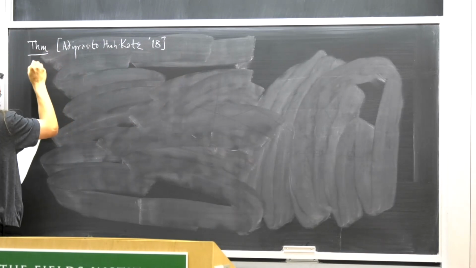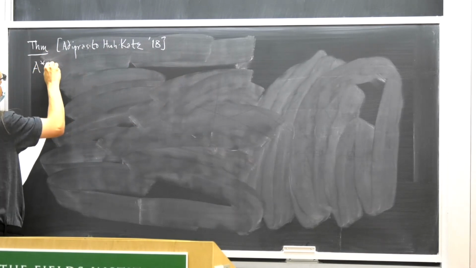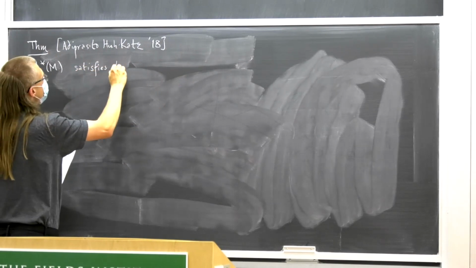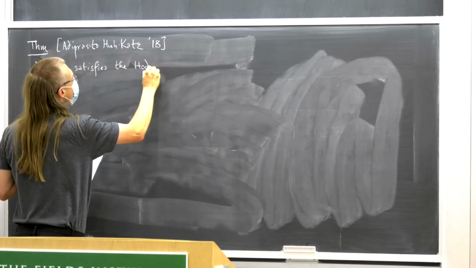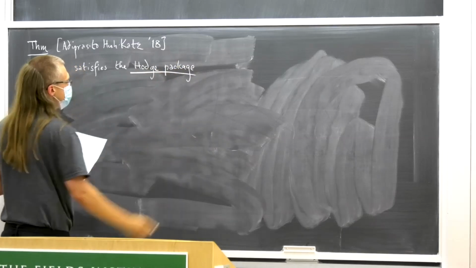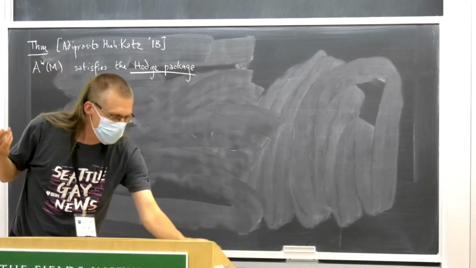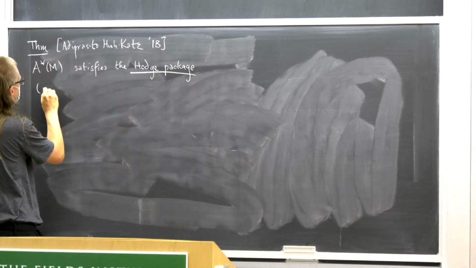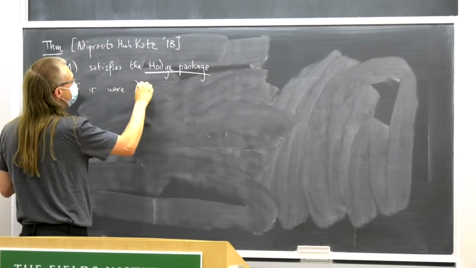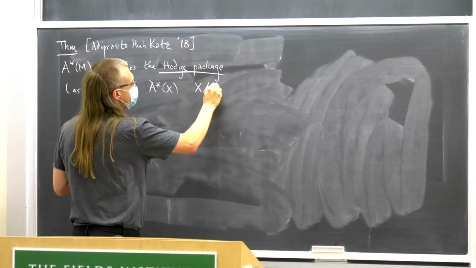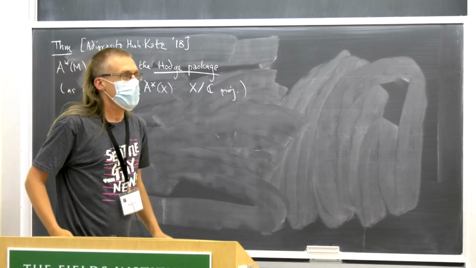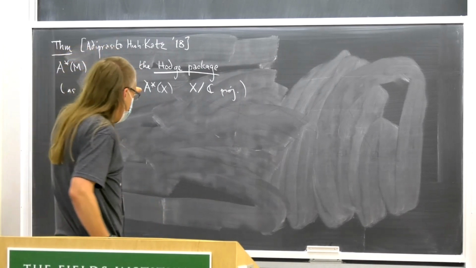So for any matroid M, this Chow ring of M, Junho likes to call this the Hodge package, as if it were the cohomology of some X over C projective, having those kinds of properties. And so the Hodge package lets you do things.